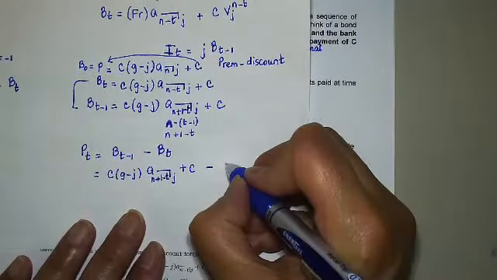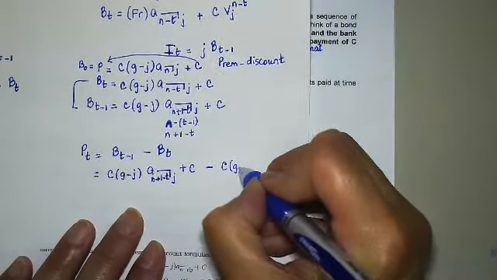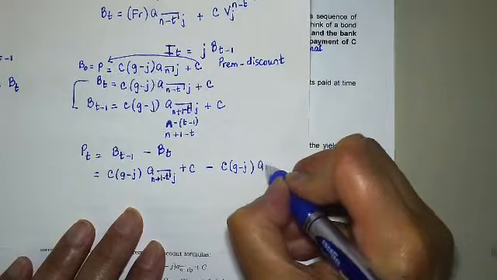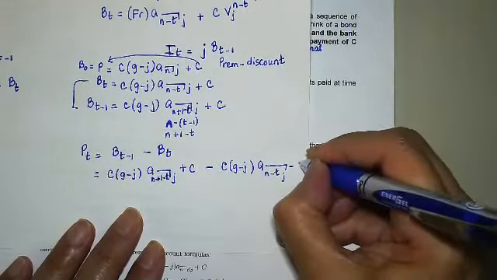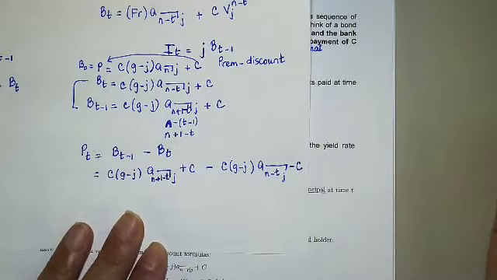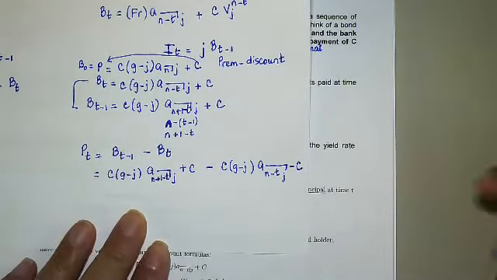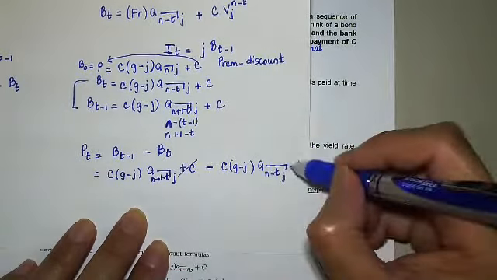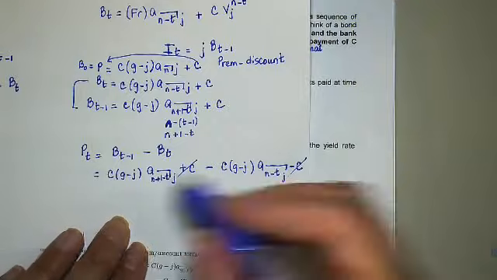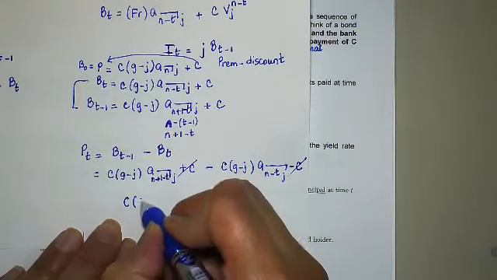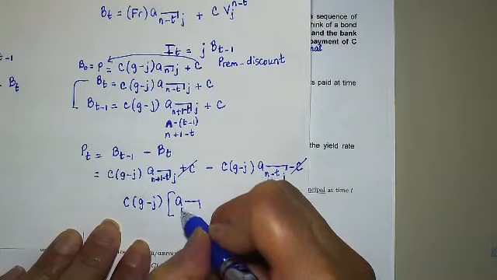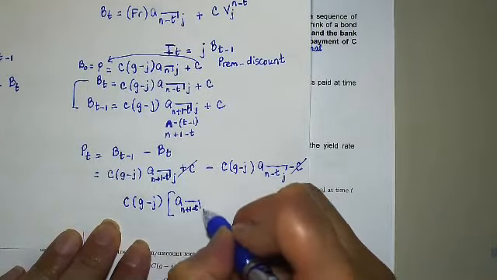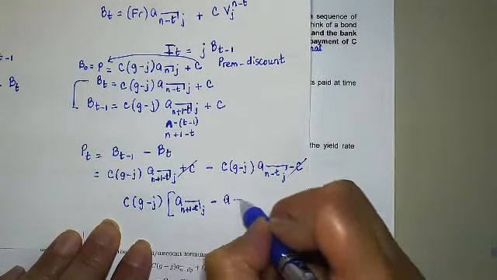C G minus J A angle N plus 1 minus T J plus C minus B of T, which is C G minus J A angle N minus T J plus C, with the minus sign distributed. I distributed the minus sign already, so these are gone.